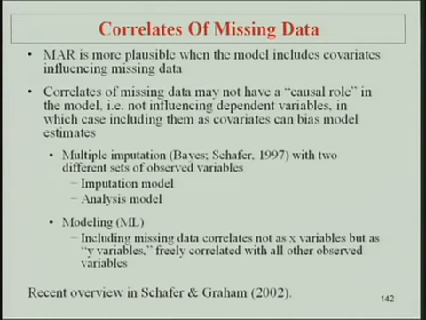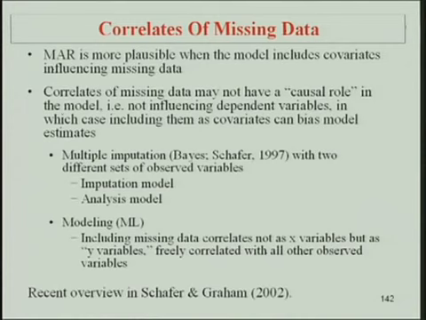So you may have more observed variables used in the imputation model. Any variable that is a correlate of missing data, plus the analysis model variables, may be included in the imputation model to impute the missing data, whereas a reduced set of variables is used in the analysis model. That's very often used in imputation programs like Schafer's NORM program.